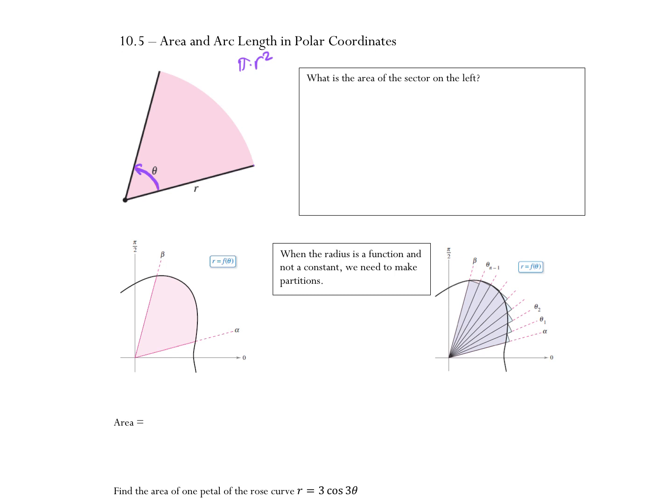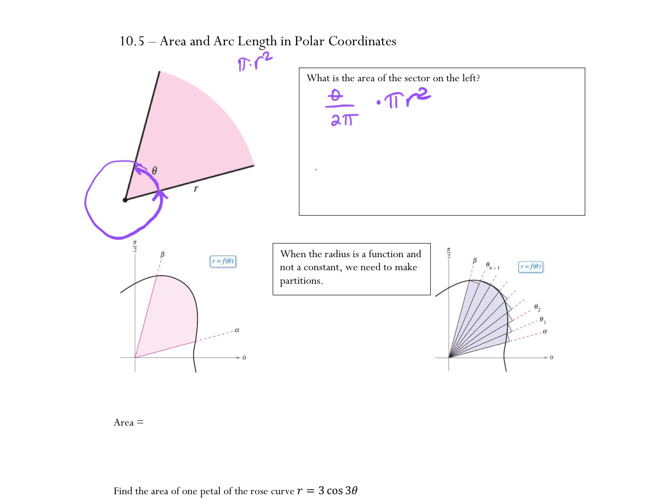So this is just a fraction of the circle, and we're essentially going to take that fraction of the circle times pi r squared. Well, a full circle is how many radians? We would say 2 pi, right? So the fraction of the circle would be whatever theta is over 2 pi. Okay?